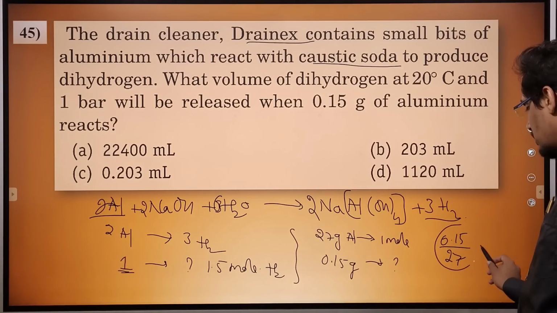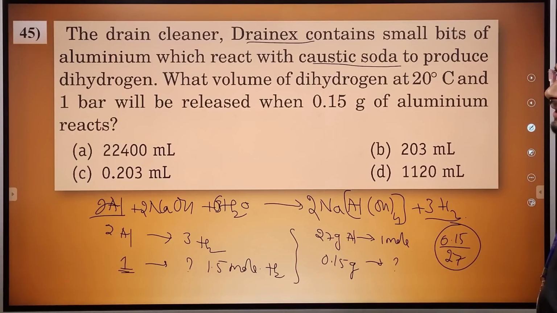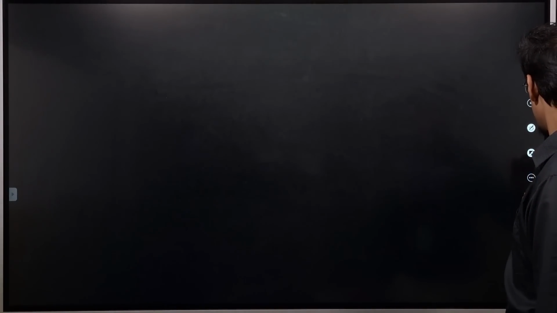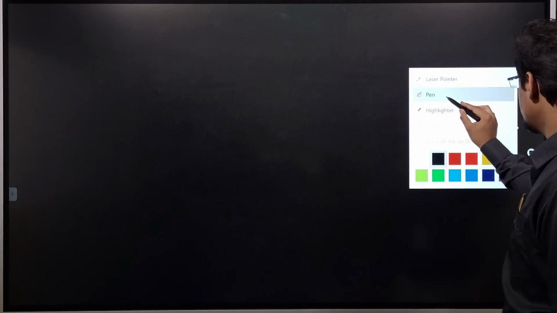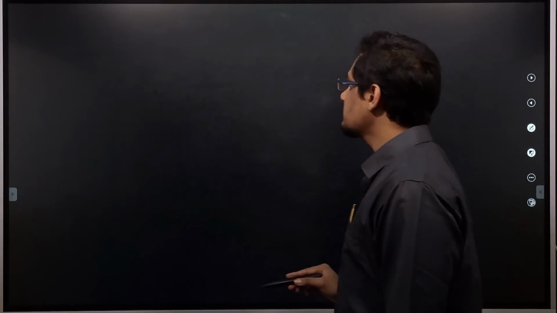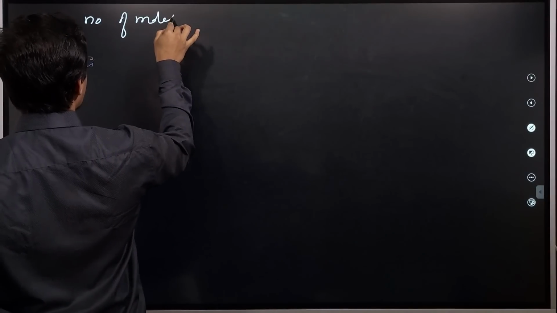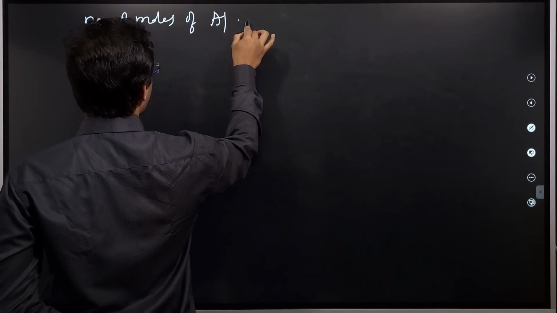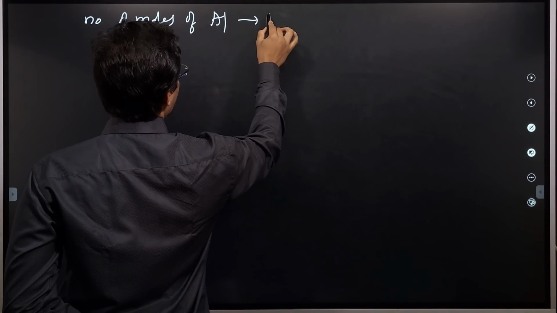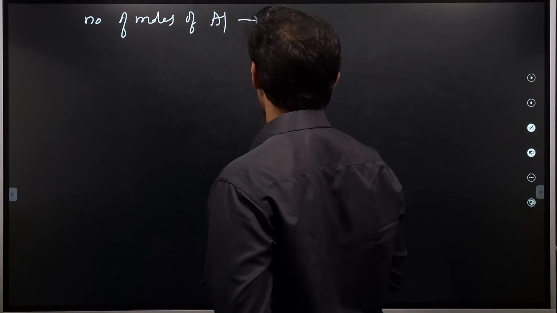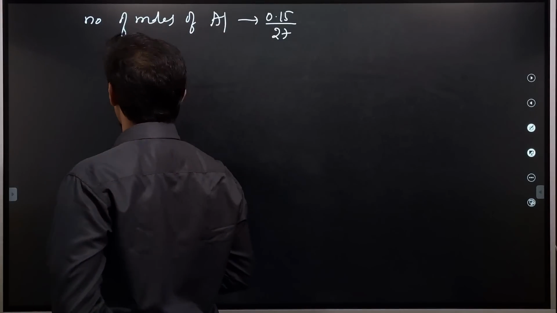So this will be the number of moles of aluminium present in the reaction mixture. Number of moles of aluminium would be 0.15 divided by 27.